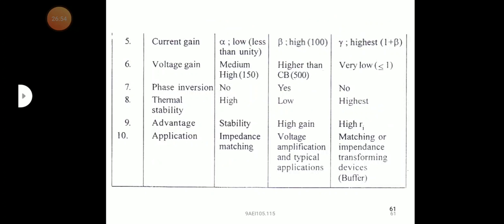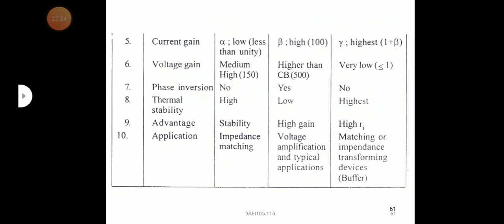The next one is the current gain. Common base we call alpha, common emitter beta, and common collector gamma. Current gain is less than unity in the common base. In the common emitter we have 100, and in the common collector the current gain is very high.